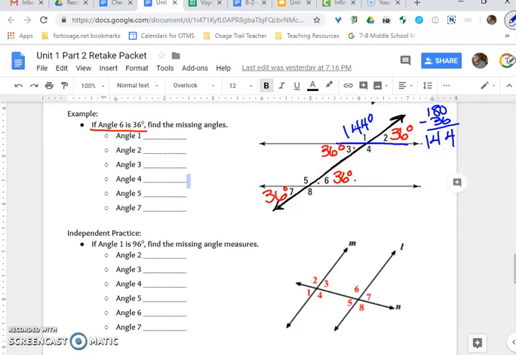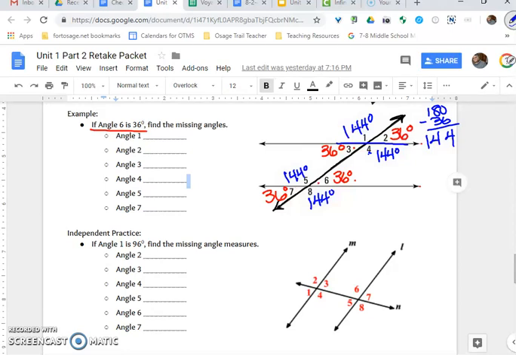Well, angle 4 is right across from angle 1. They're vertical angles. So that one's 144 degrees. And then 4 and 5, they're inside the parallel, and they're on opposite sides. So they're alternate interior, and they're congruent, so that's 144 degrees. And then 8 is across from 5, so that one is 144 degrees. So notice there's only 2 numbers that I use in the whole entire diagram, 36 and 144.